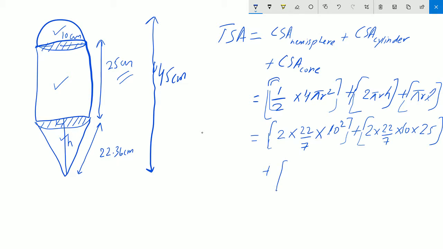And then we have the curved surface area for the cone, which is pi into radius, which is again 10, and then we have the length, which is 22.36 centimeters.